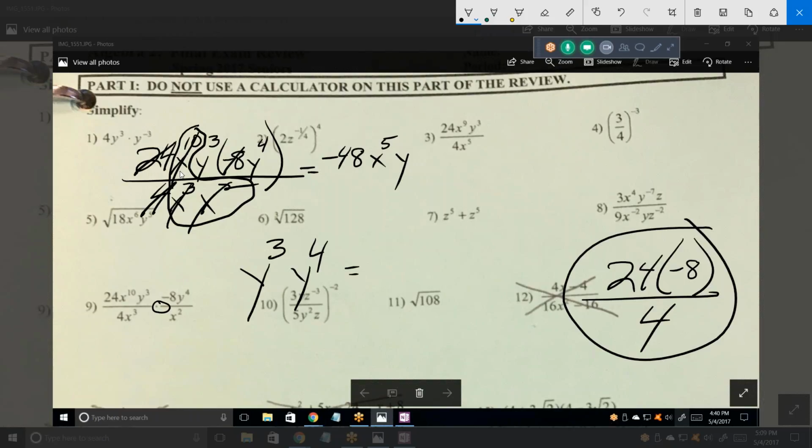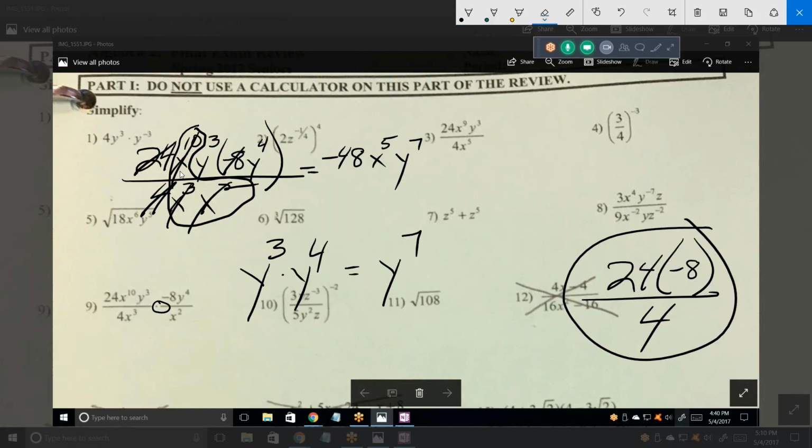Y to the 7th. Correct. In other words, you're adding. The one thing to remember so you won't make mistakes is you're never doing to the exponents what you're doing to the base. Well, my base I'm multiplying. So there's no way I'm multiplying those exponents, which means I got to add them. Okay, so it's y to the 7th.